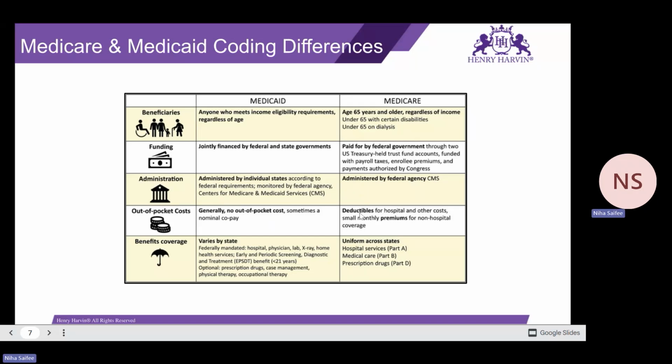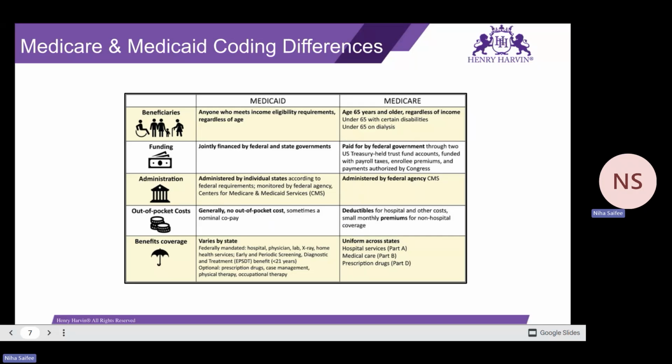In Medicare, there are deductibles for hospital and other costs, and small monthly premiums for non-hospital coverage. You can understand anyone above 65 will definitely have some issue or the other and will require regular treatments, most of them. So regular checkups will be there for people above 65.